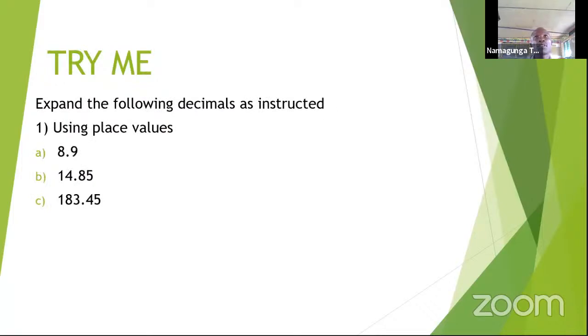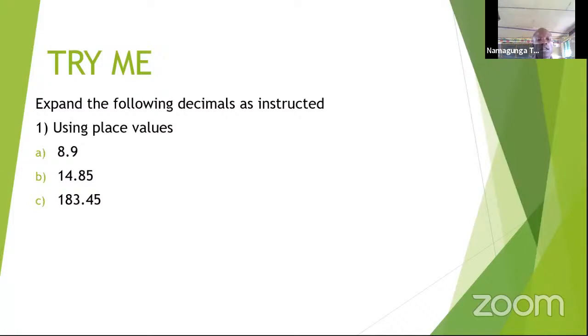So we have those numbers, which are still in our exercise that we gave you. We are to expand the following decimals as instructed. The first instruction there is using the place values. Please understand the difference between the two.